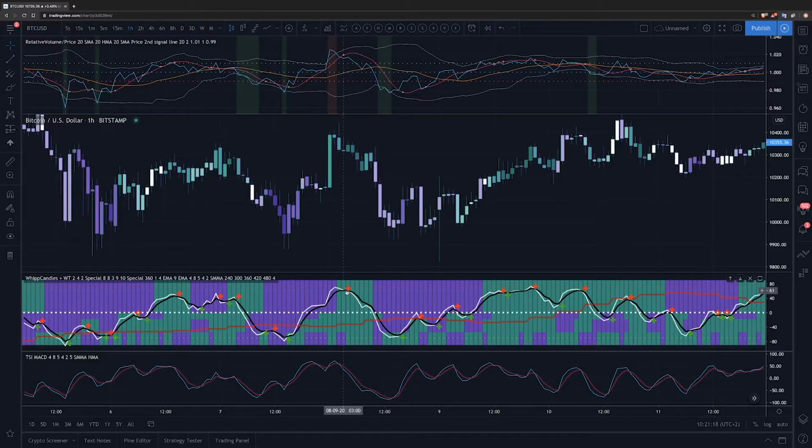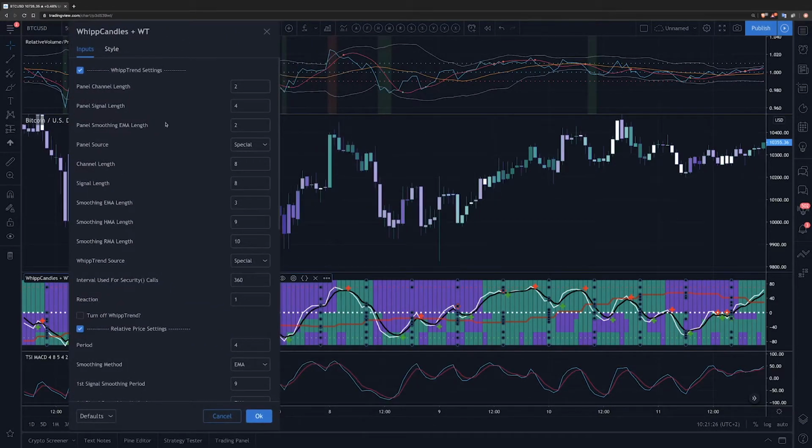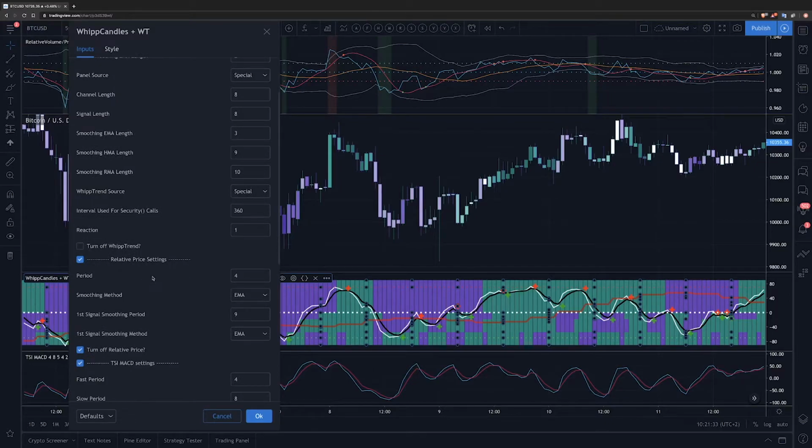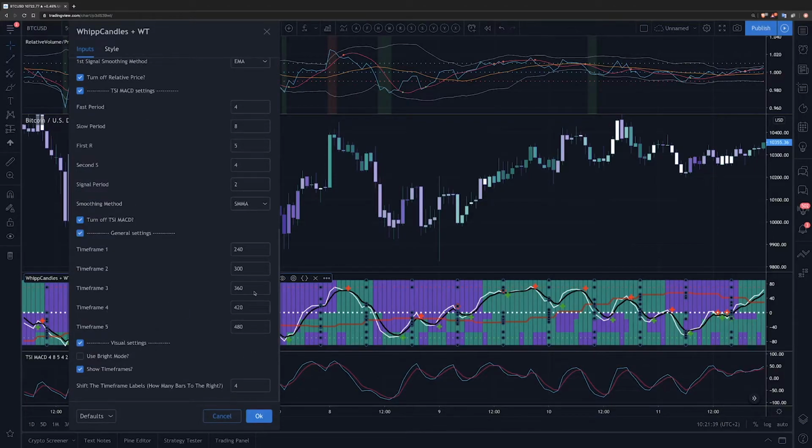So if I go and click on the indicator, and here we go, double click, we have our first box come up, and this initial section is whip trend. The second section is relative price, and this third section is TSI MACD, and the fourth section is the time frames.